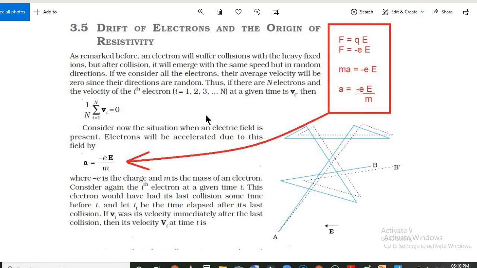Altogether there will not be a motion, because velocity is also related to direction. The direction of velocity of one electron and that of another electron are all different. Altogether while you are adding, you will get 0.